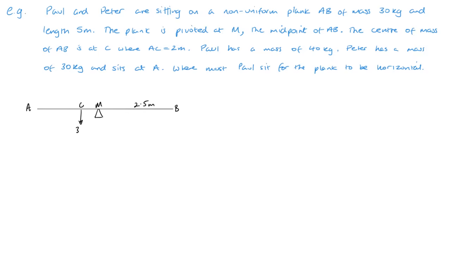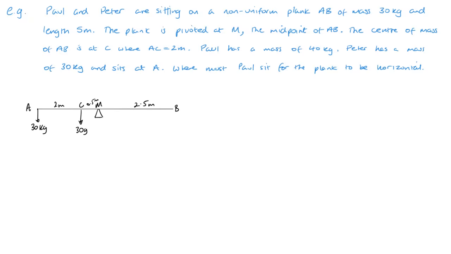It's 30 kilograms and it is 2 meters from A. So that's half a meter in between C and M. Paul has a mass of 40 kilograms. Peter has a mass of 30 kilograms and sits at A.